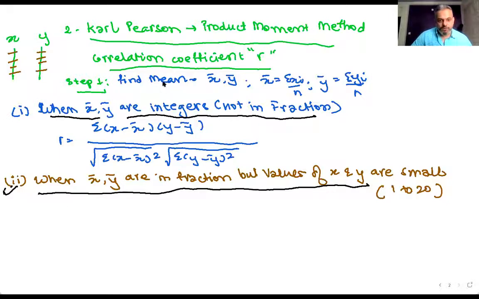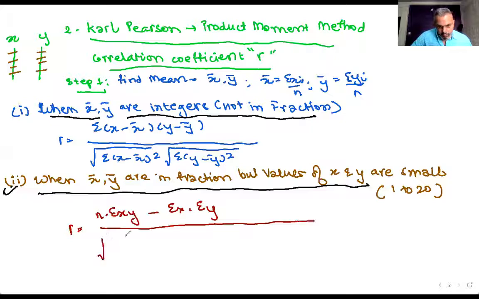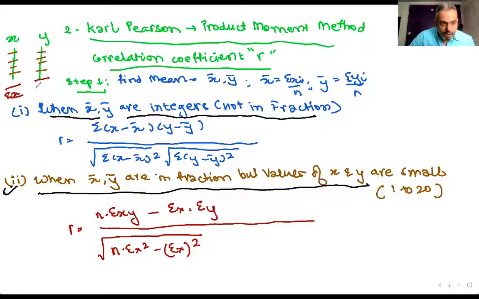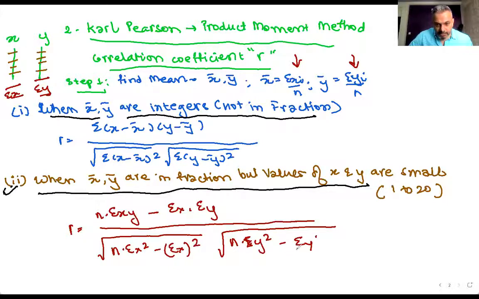The formula is this way. r is equal to n sigma xy minus sigma x into sigma y upon under root n sigma x square minus sigma x the whole square, into under root n sigma y square minus sigma y the whole square. Now where did we find sigma x? The total of x is sigma x, the total of y is sigma y. To find the mean, we have already found this out.